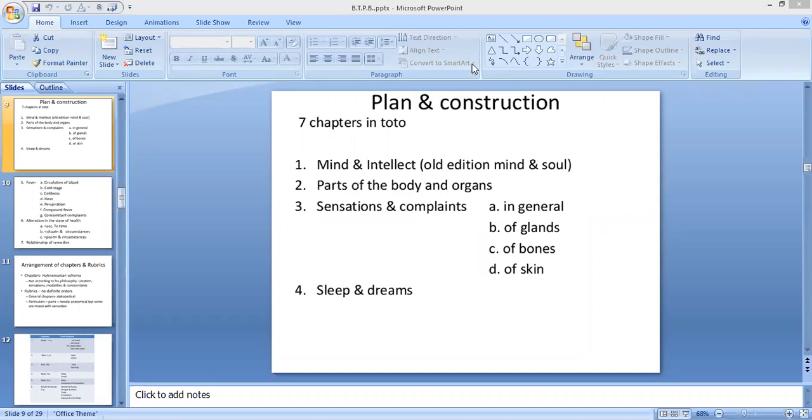So in this way, the first part of this book is also called the introductory or philosophical part, because in this part, first the preface is given, then the life history of Dr. Boenninghausen, how he converted towards homeopathy, then how to use the repertory, and all about this repertory, that is the art of the physician in taking the case, the philosophical background, the plan and construction of this repertory, then limitations and adaptability of the repertory.